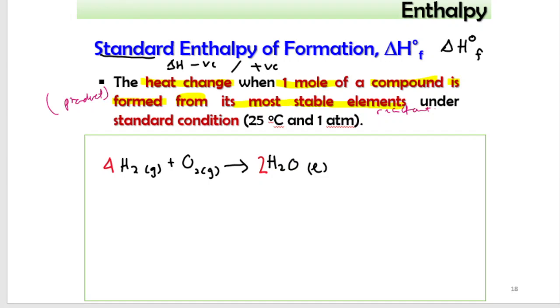Dia mestilah 1 mole of your compound form. Okay. So, sini wajib 1 mole. Kamu tak boleh kacau. So, yang lain-lain bahagian reactant tu yang kamu balancekan. So, in this case, ini akan jadi 1/2. Okay, itu cara untuk balancekan equation.